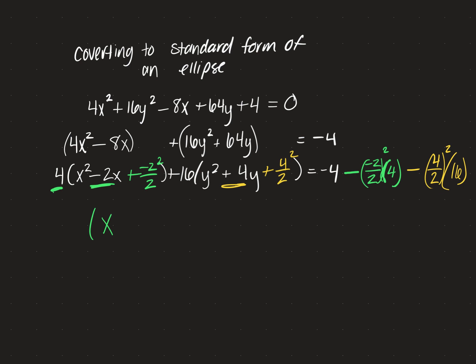So it's x minus 1. Take whatever that is without squaring it, and bring down that 4. This one is y plus 2. 4 over 2 is 2.